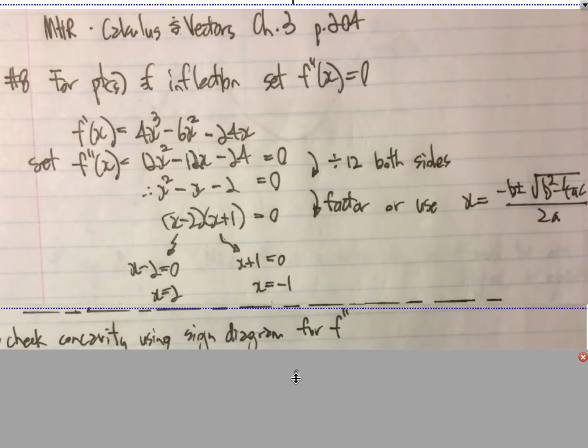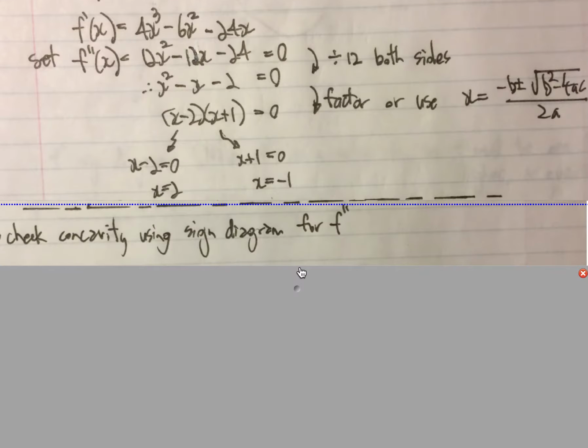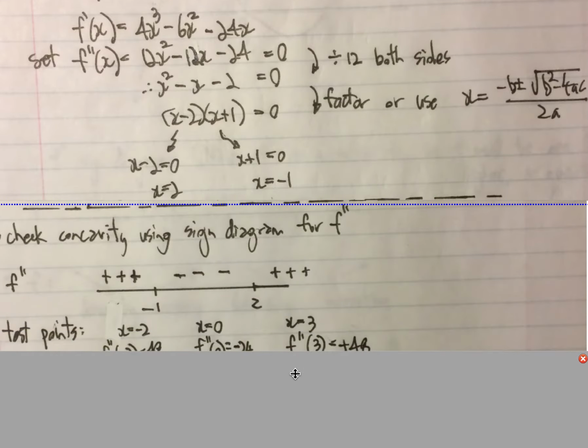So we're going to use the sign diagram. We're going to substitute those values in for the sign diagram, and then using test points in each of those particular intervals and substituting those values. In this case here, negative 2, pick the value of 0 and the value of 3 for this particular interval here to the right.